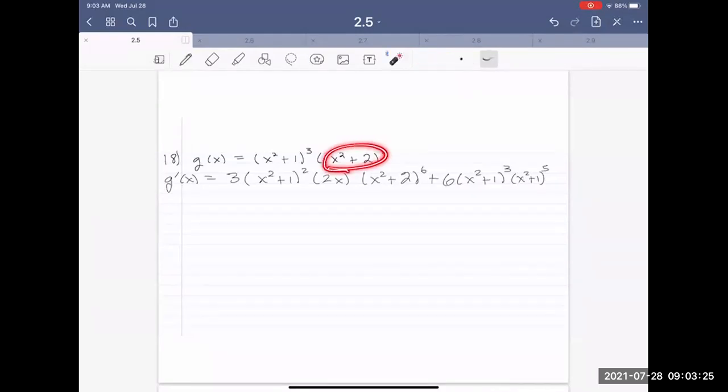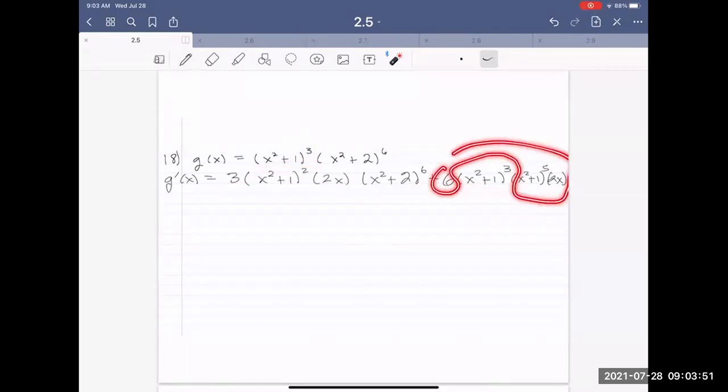So now let's take the derivative of what's inside. Derivative of x squared is 2x. Derivative of 2 is 0. And so this is times 2x. And you're done. So this is derivative of the first times the second plus the first times the derivative of the second. Any questions about that?